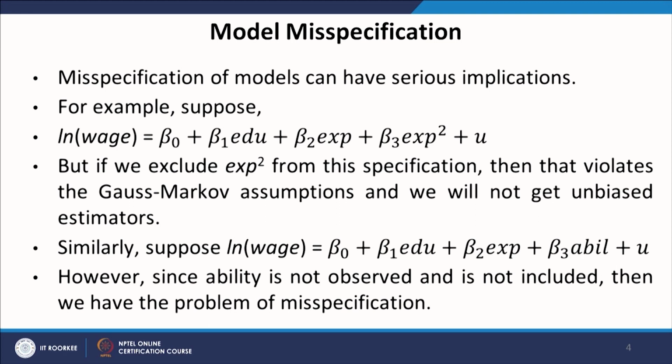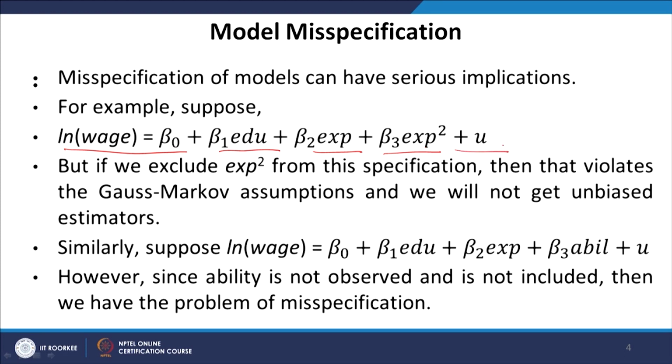Misspecification of models can have serious implications. For example, suppose this is our model of the world, that is, logarithm of wages regressed on education, experience and experience square, plus there is an error term in the population.